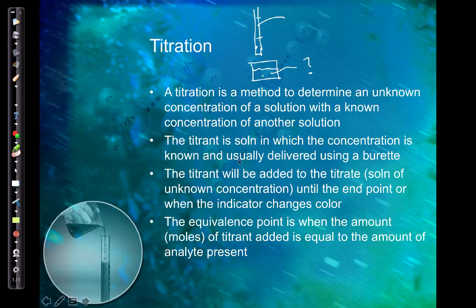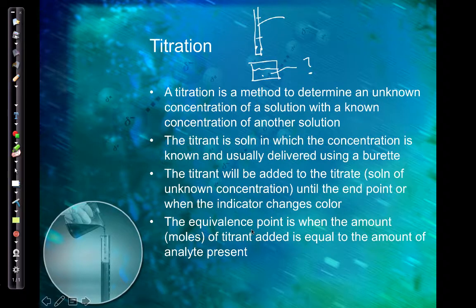All right, so when we look at a titration, your titrant is going to be added to the titrate, which is whatever you're titrating, typically the thing that we're interested in, until the endpoint has been met. That's typically going to be an indicator changing colors.